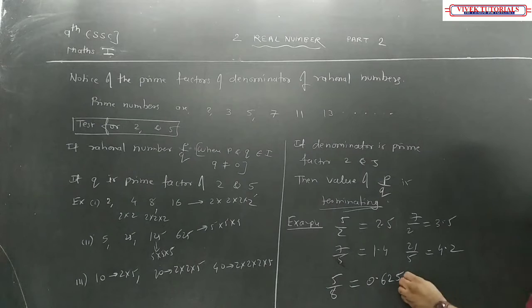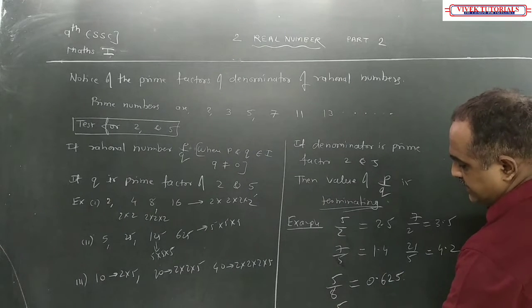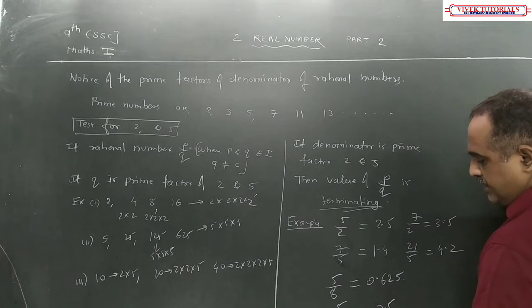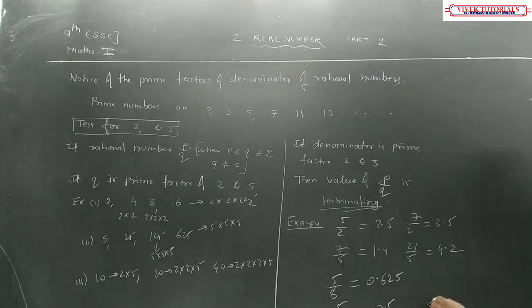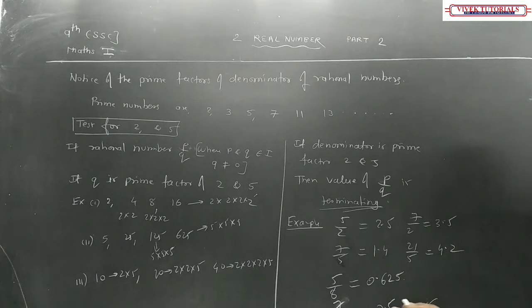It is called terminating. But it can also be 5/10, and the answer will be 0.5, because in this case it is 5/(2 into 5), so this gets cancelled. Some other thing like 7/10 is 0.7. It will get terminated.